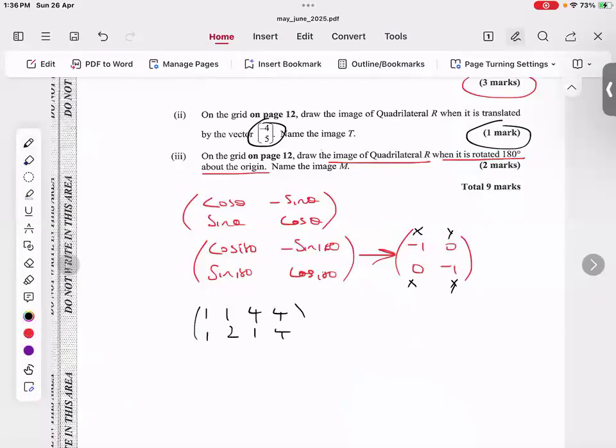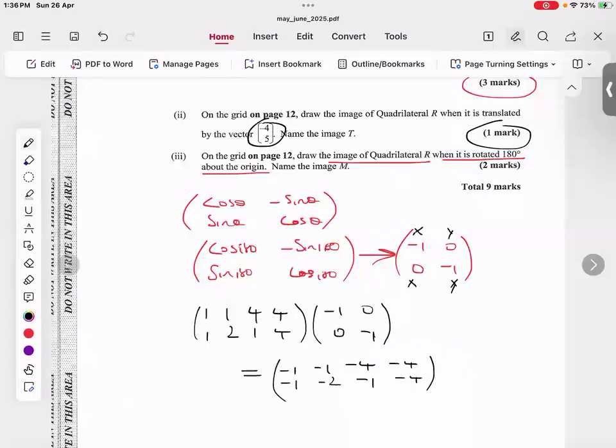We're going to multiply it by negative 1, 0, 0, negative 1. So what that really means is that all the points are just going to become negative. So it's going to become negative 1, negative 1, negative 1, negative 2, negative 4, negative 1, and negative 4, negative 4. All right. So go ahead now and plot those.